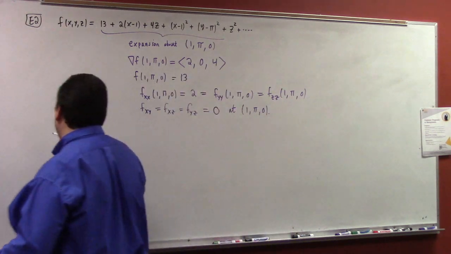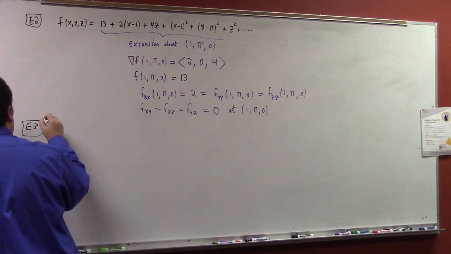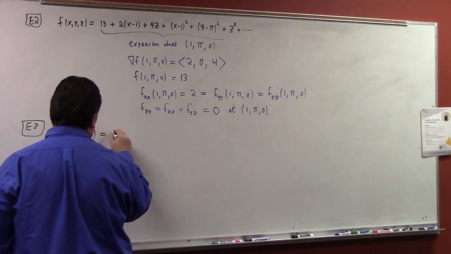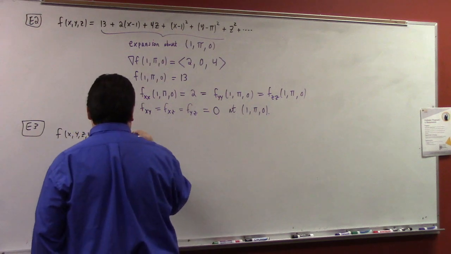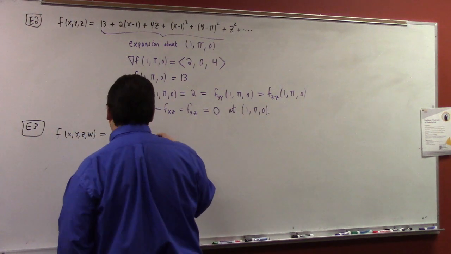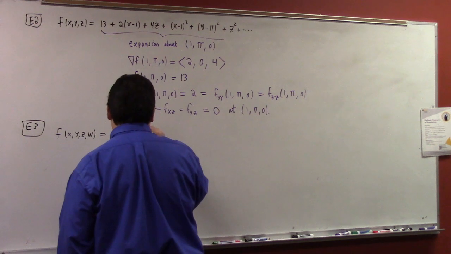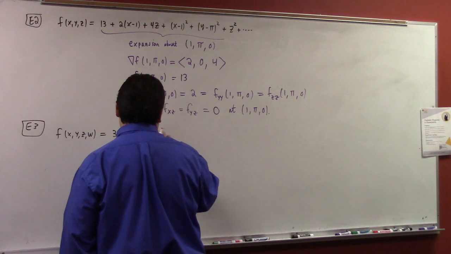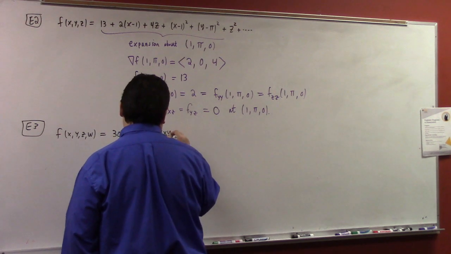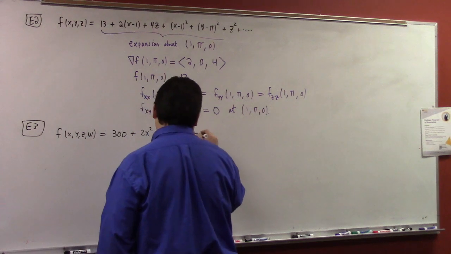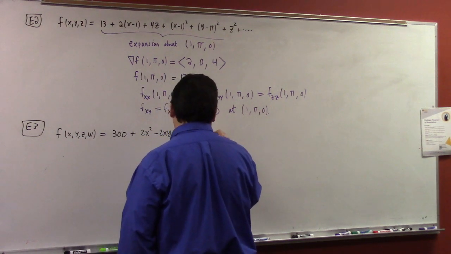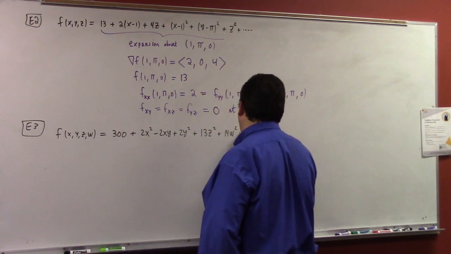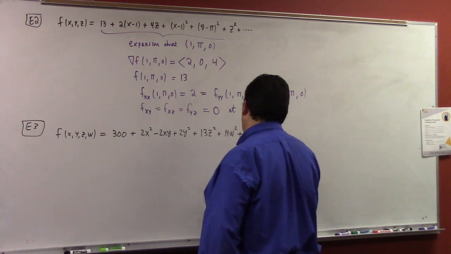So example 3. How about this? What if we had f of x, y, z, w equal to 300 plus, let us say, 2x squared minus 2xy plus 2y squared plus 13z squared plus 14w squared, plus dot dot dot?